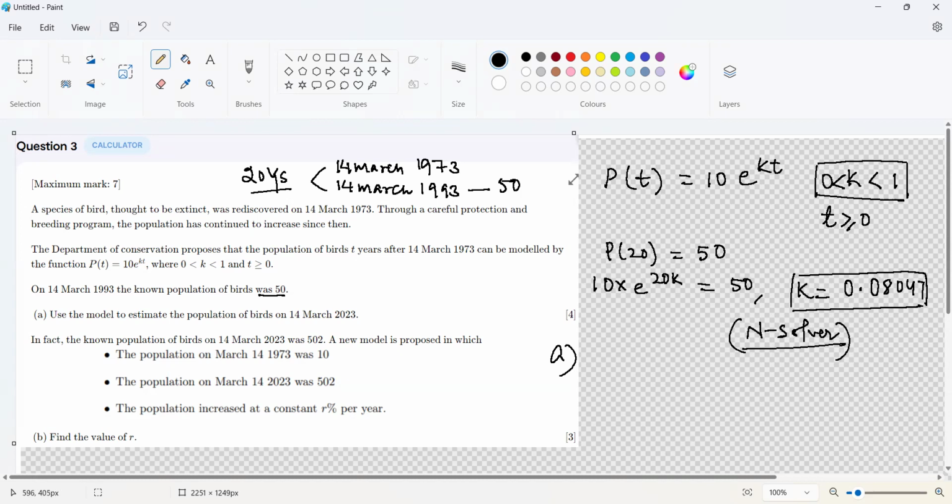Use the model to estimate the population on 14 March 2023. From 1973 to 2023, how many years? 73 to 83, 83 to 93, 2003, 2013, 2023. 50 years. So we are looking for the population after 50 years.